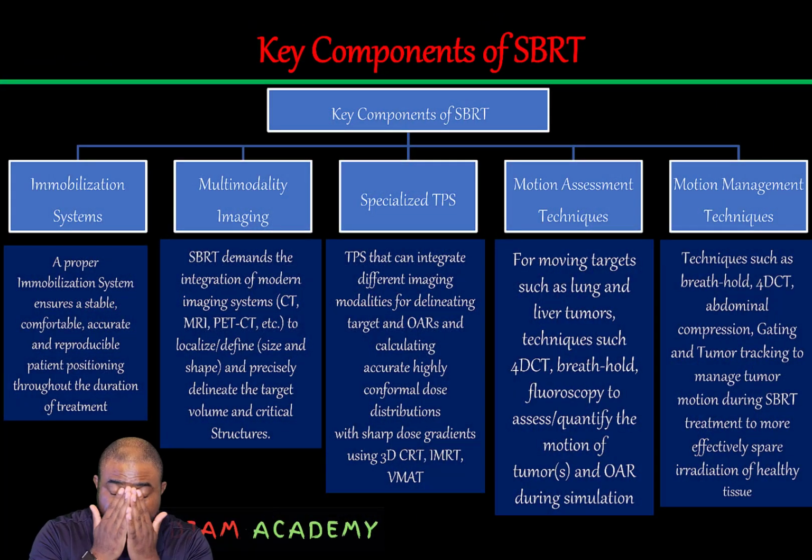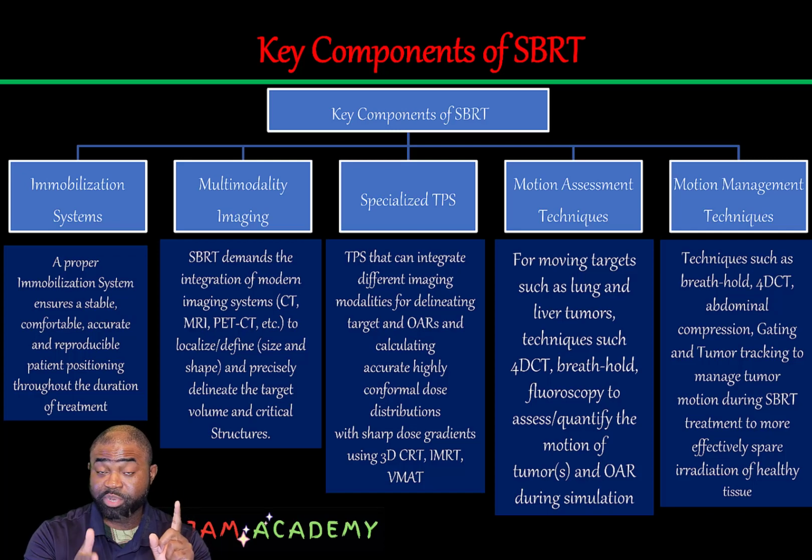And so this brings us then to the crucial part of this lesson or this talk: what then are the key components to ensure that we deliver a high radiation dose that is very conformal with a very steep dose gradient in order to improve local control and also improve the sparing of the surrounding organs at risk?